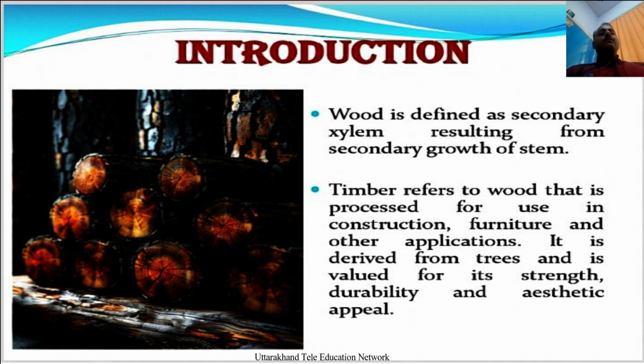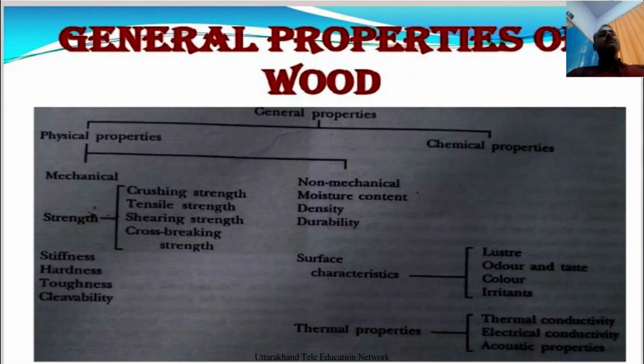plant product, there are several properties which determine whether wood of a plant could be utilized as timber or not. To determine the timber properties, there are several properties of wood which should be considered.